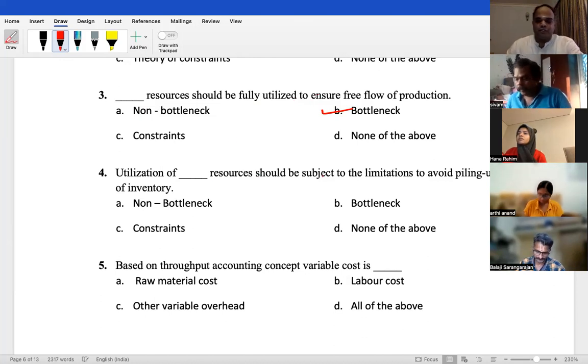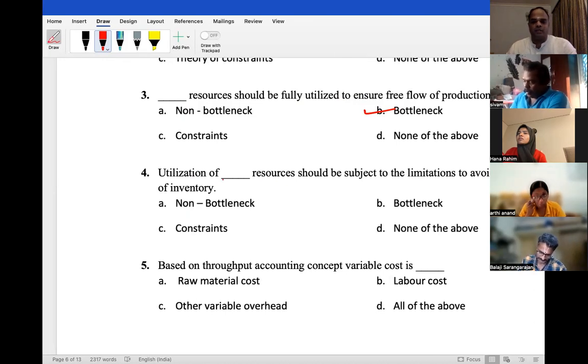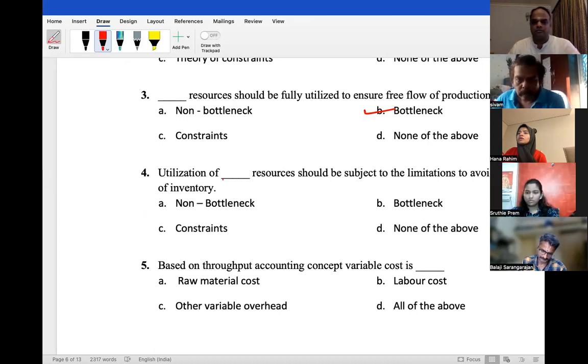Utilization of dash resources should be subject to limitation to avoid piling up of inventory. Non-bottleneck, bottleneck, constraint, all of the above. Non-bottleneck. Bottleneck.